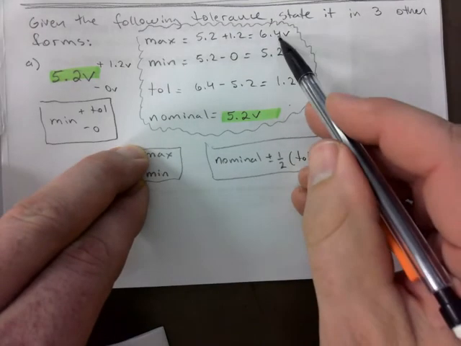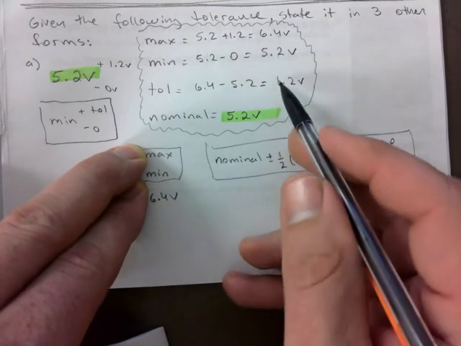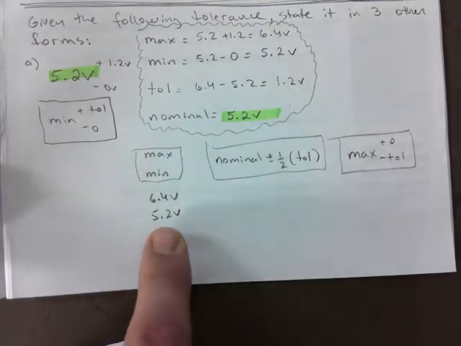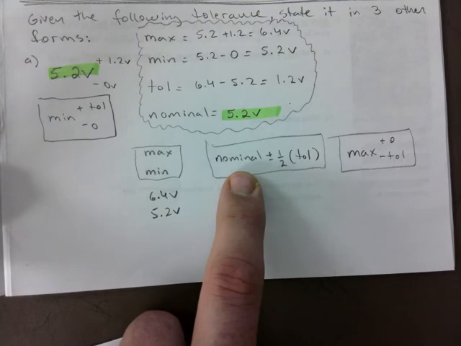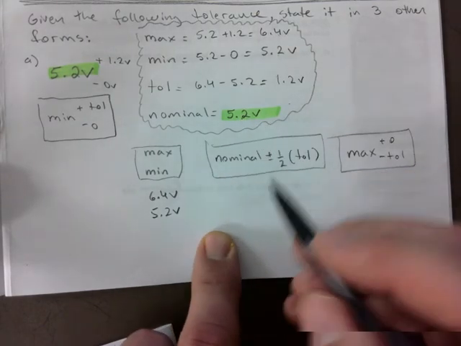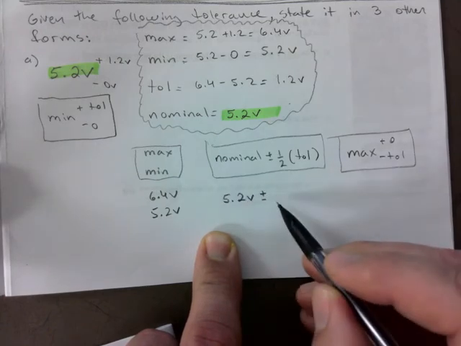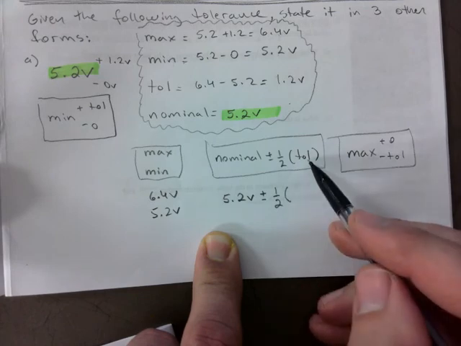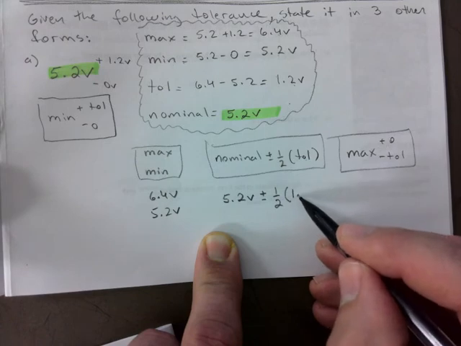Max, min, they're right here. So 6.4 volts and min is 5.2 volts. You're done. Next one, it's calling for nominal, which I already have. So it's 5.2 volts plus or minus 1/2 of my tolerance, right? That calls for tolerance. Tolerance is right there. So it's 1.2 volts.